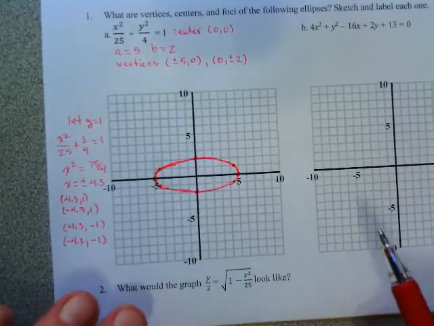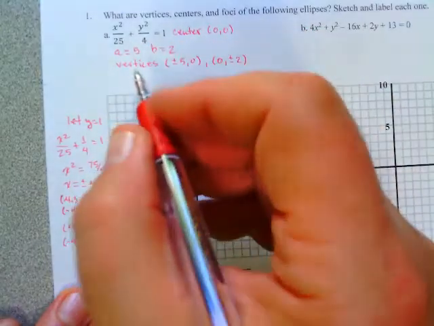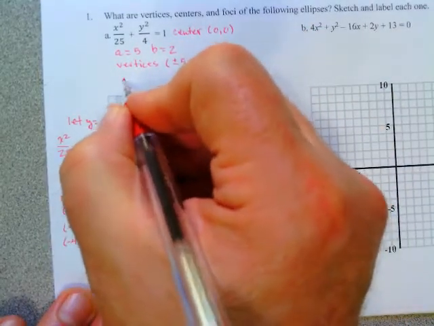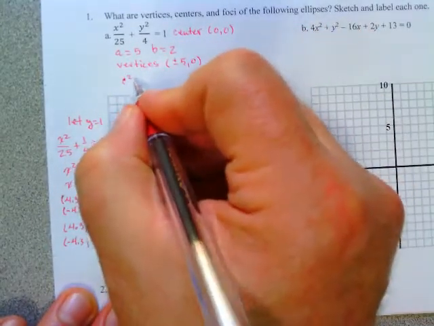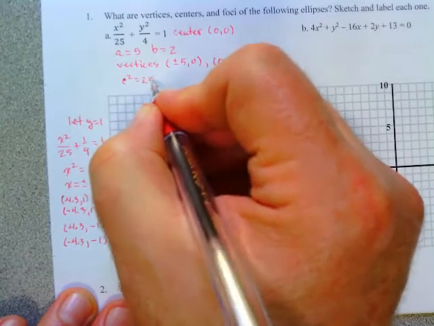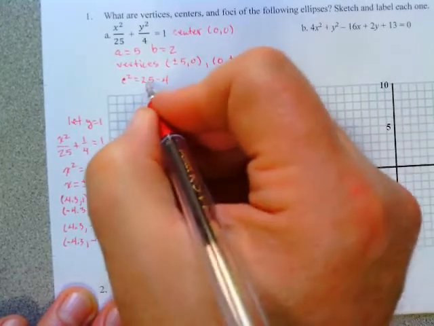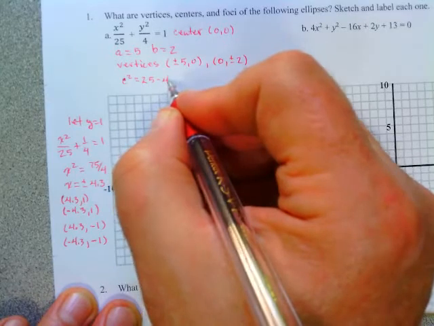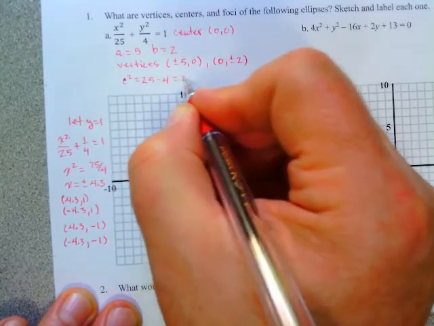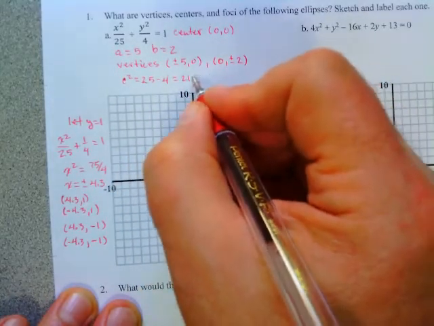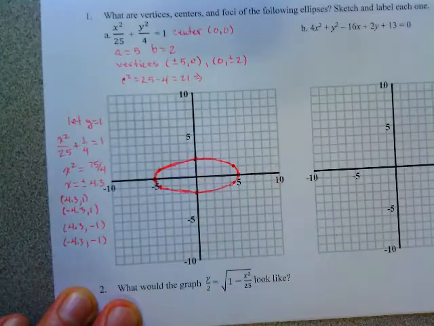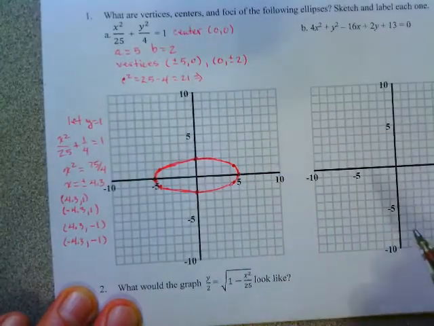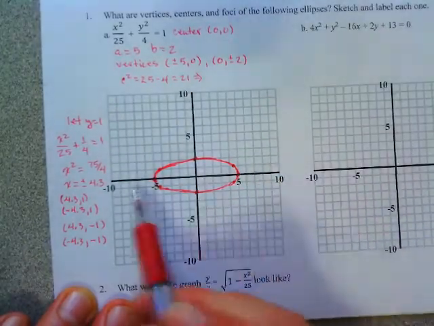Now, we also need our vertexes. For our foci, we're going to have c squared equals 25 minus 4. In other words, that's a squared minus b squared, which is going to come out to 21. And of course the foci have to be along the major axis.